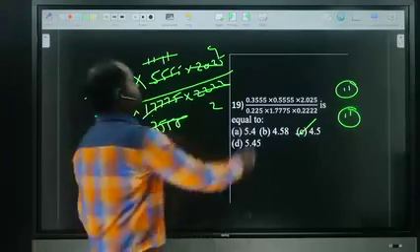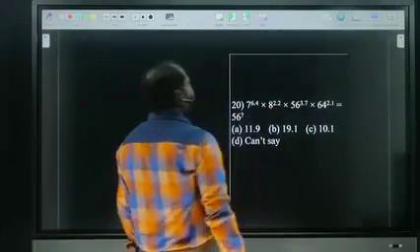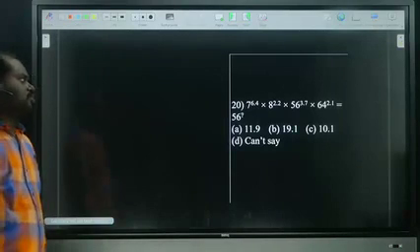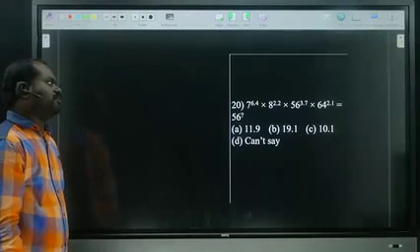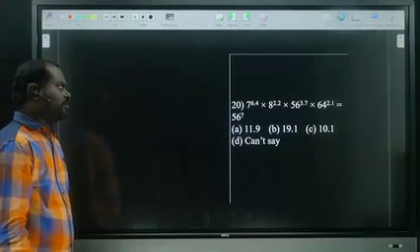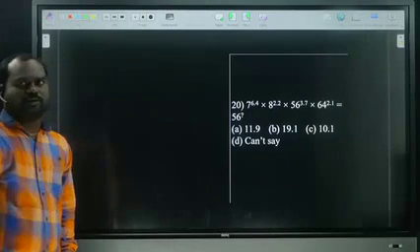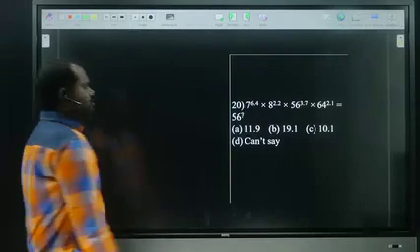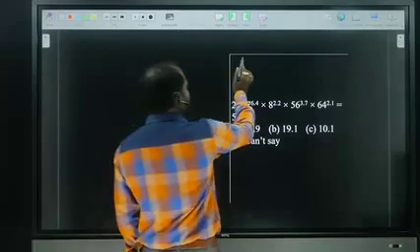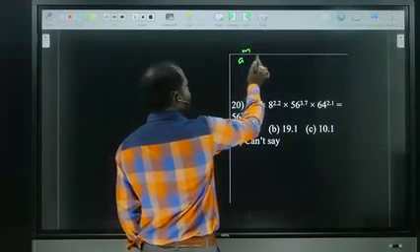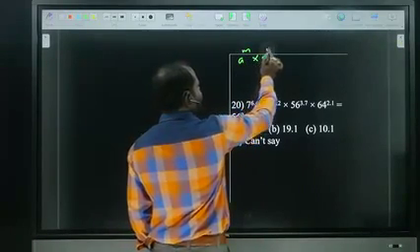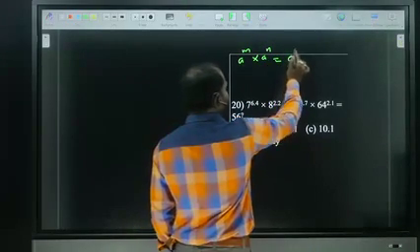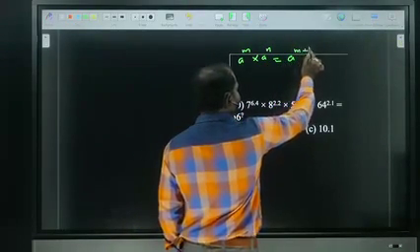Now, 7 power 6.4 into 8 power 2.2 into 56 power 3.7 into 64 power 2.1 into 56 power question mark. Before that, we learned in school maths that these two formulas are useful here. One is a power m into a power n: when bases are equal, powers we add, a power m plus n.